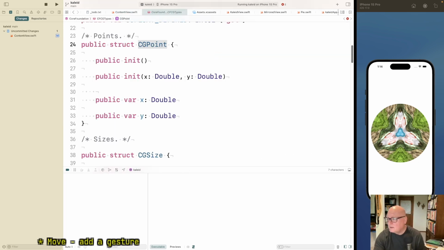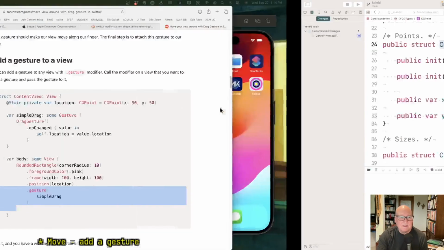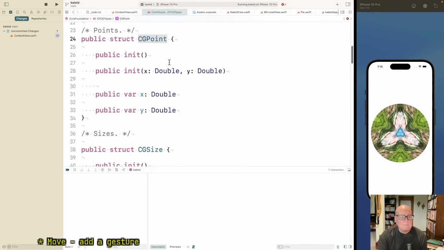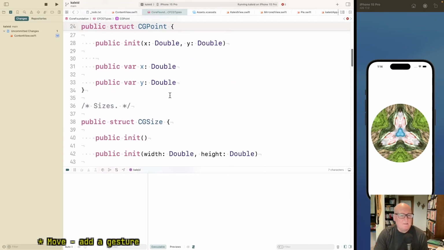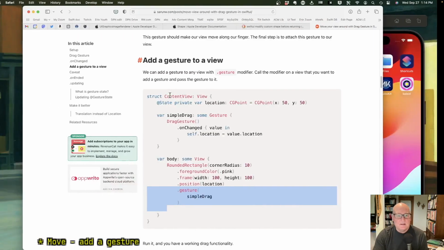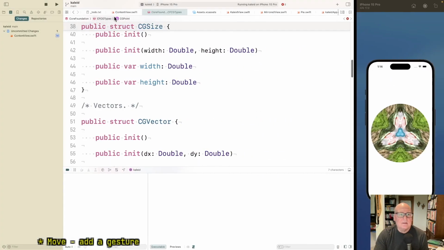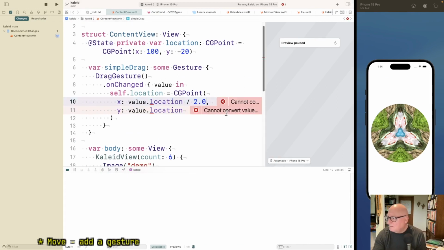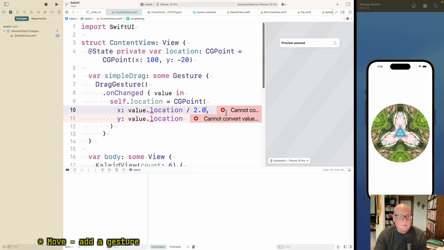Oh, I lost my... Sorry. The location of value or a point? Well, these are doubles. Okay, I must need to do this. Is location of value or a point?